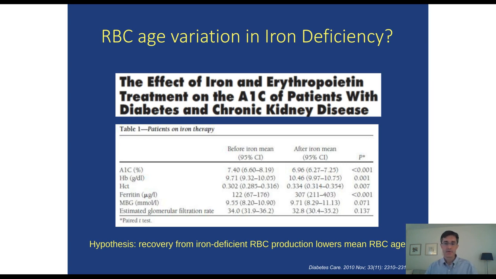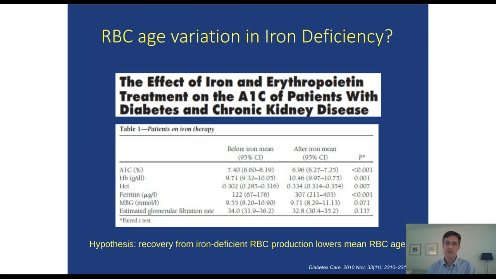After iron treatment, the A1c went down from 7.4 to about 6.96 on average. Now during that time, the hemoglobin level rose from 9.7 to 10.5, suggesting again, as in the pregnant situation, that there might have been an increase in red cell production due to a new supply of iron.